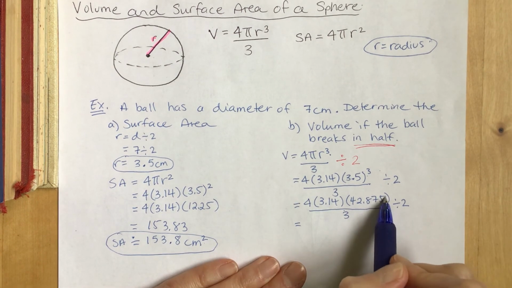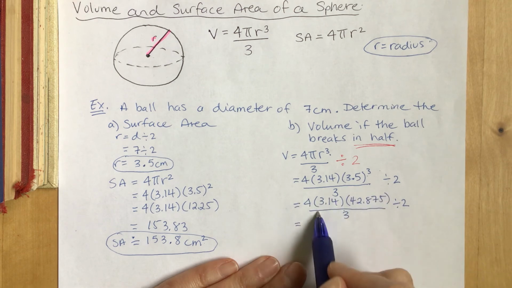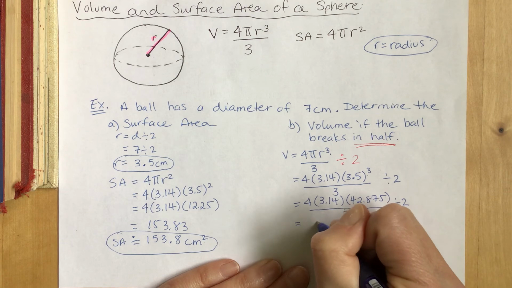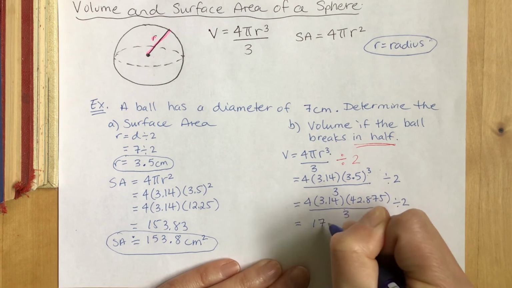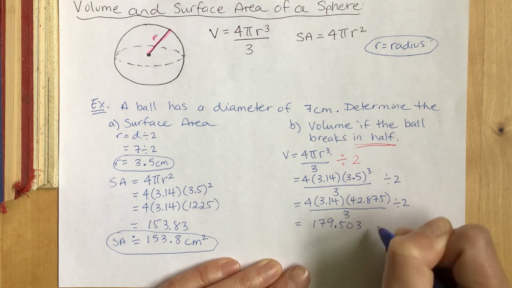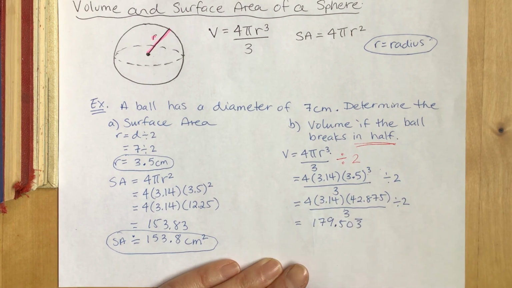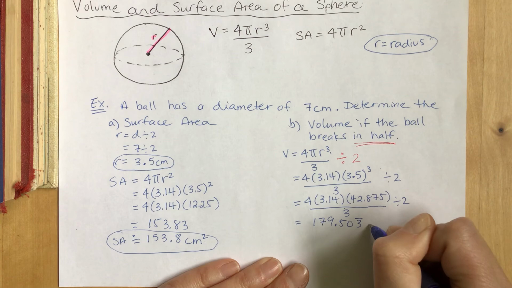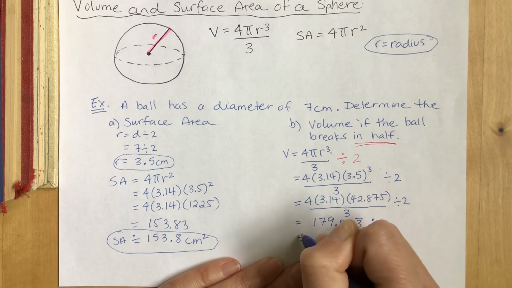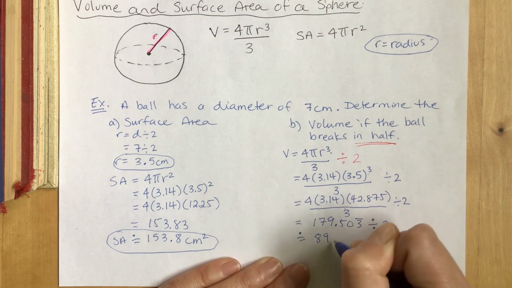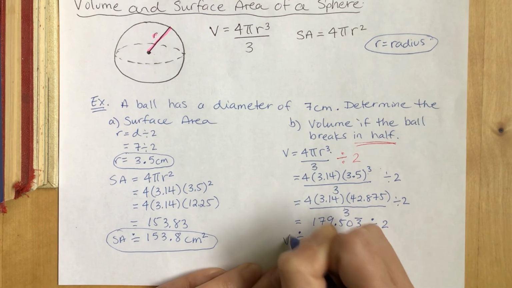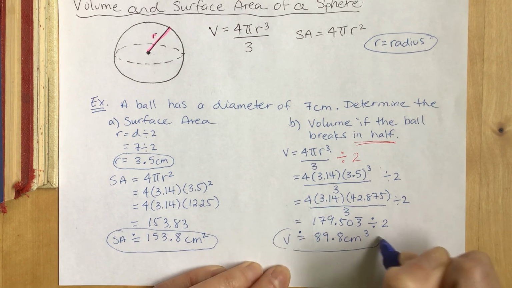So if we calculate all of this here right before dividing by 2, we are going to get 179.5 and then 3333 and so on. So I'm keeping all those numbers still in my calculator, and then we're going to divide that by 2, and you're going to get approximately 89.8 centimeters cubed. So that there is our volume.